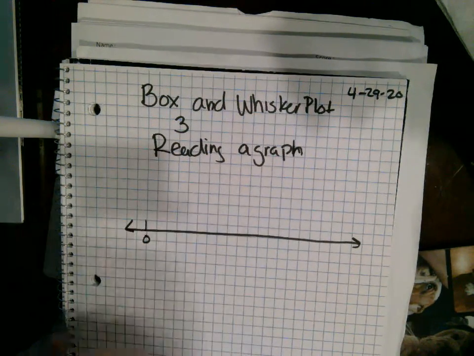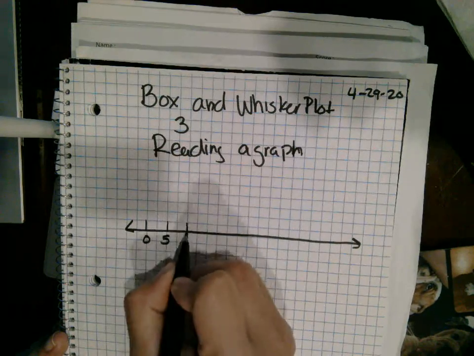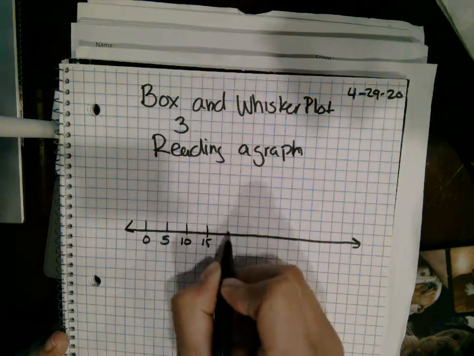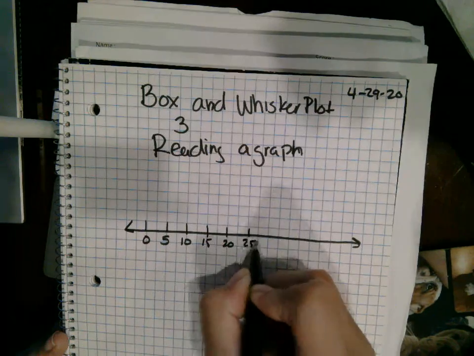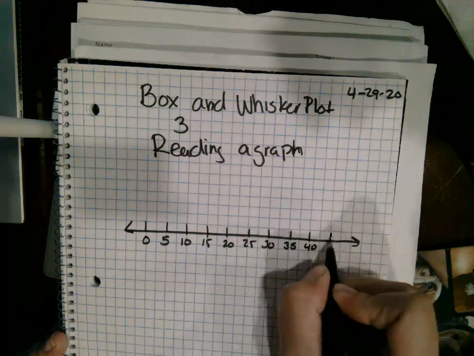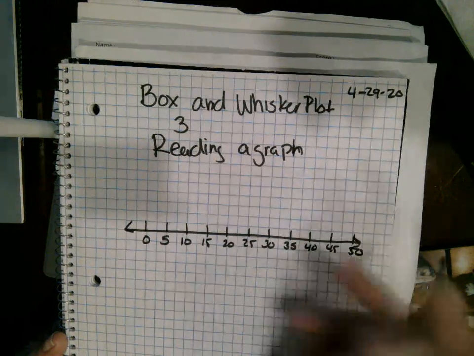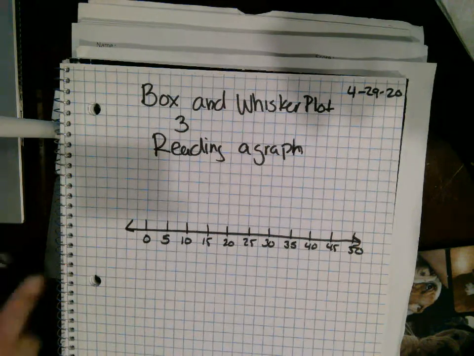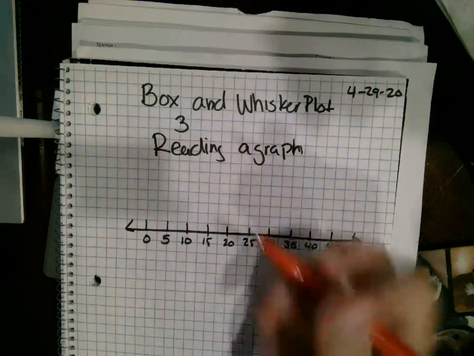0. I'm going to go by 5, 10, 15, 20, 25, 30, 35, 40, 45, 50. Okay. And I'm going to draw it out.